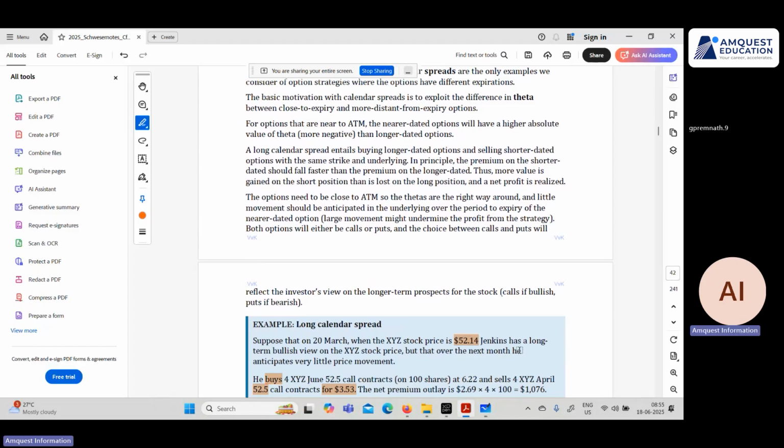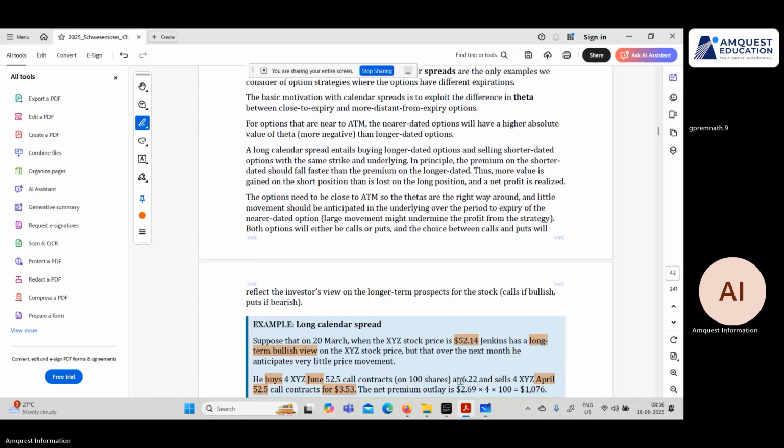Can you see here? He buys 4 XYZ June expiry, and he sells for April expiry. Why is he long on a June call? Because his long-term view is bullish.